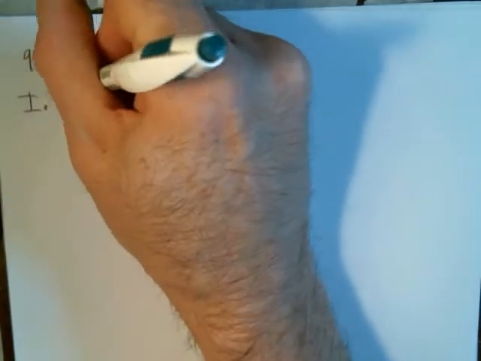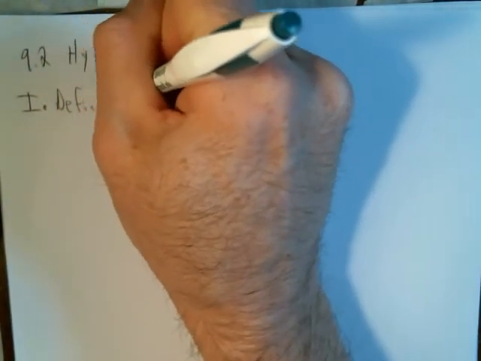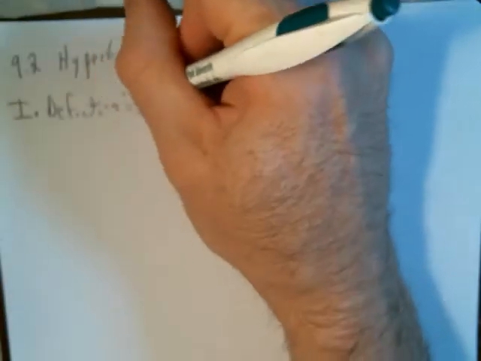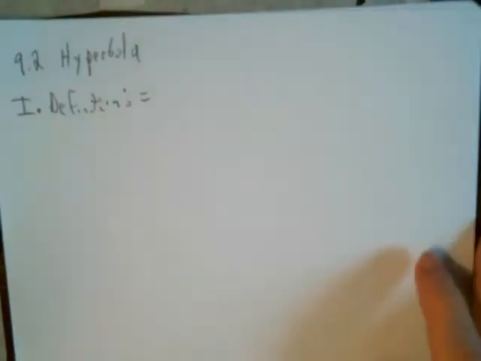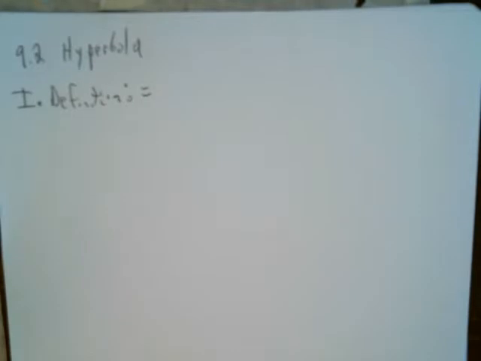Okay. All right, so definition. Last time we had the definition of an ellipse: a set of all points such that the sum of the distances to the foci was equal to a fixed constant.